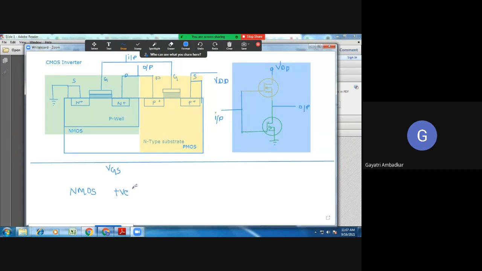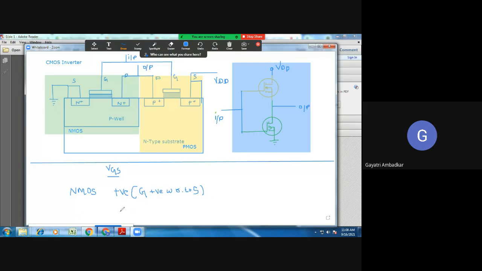That is, the gate terminal must be positive with respect to source.